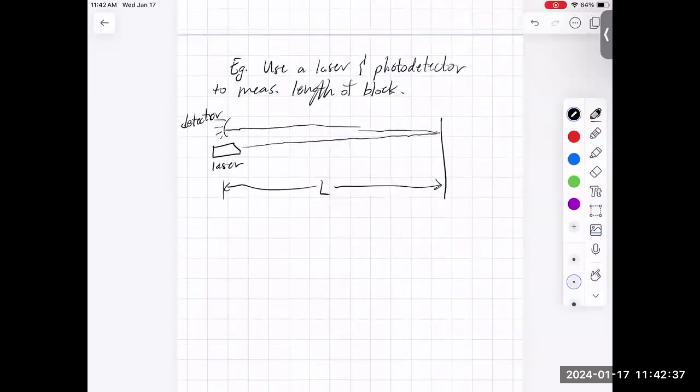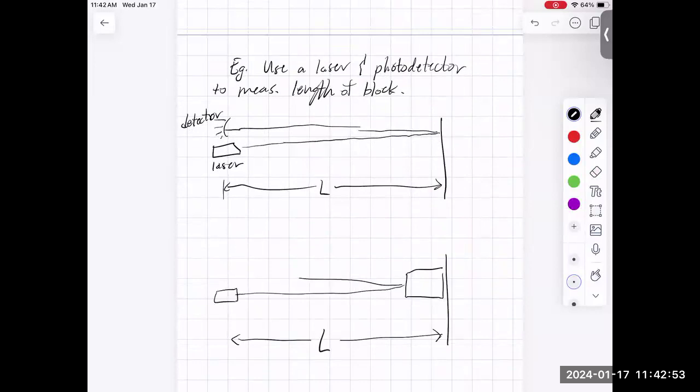And then we say, okay, now what we're going to do is have the same setup, but I'll put my block over here now. And we'll say this is still the length L. And I'm going to take my laser over here. I'm going to shine it off of this block, and then it goes to my detector. Detector, laser.